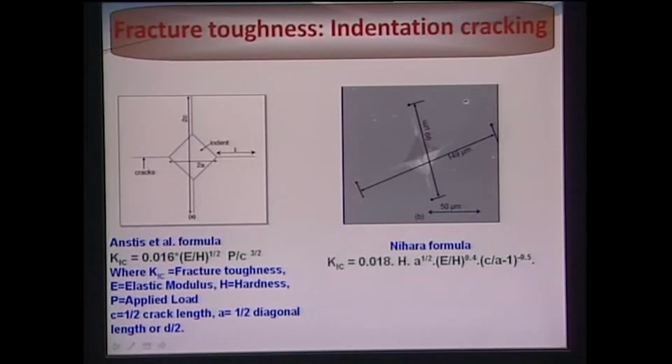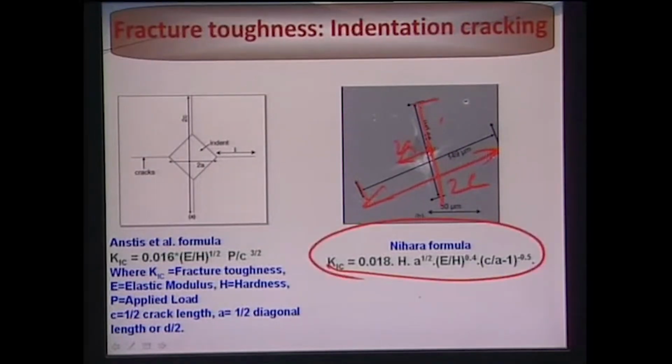For example, if this is 2C, that is the total crack length, in both longitudinal and transverse directions you can measure this 2C crack length, and then based on this diagonal 2A, you can adopt different formulas, like the formula proposed by Niihara, which tells you that K1C is 0.018 multiplied by the term with H, the hardness, A, the half Vickers diagonal, E, the elastic modulus, and C, the half of the crack length. If we apply this formula, you can get a value of the fracture toughness of these materials.